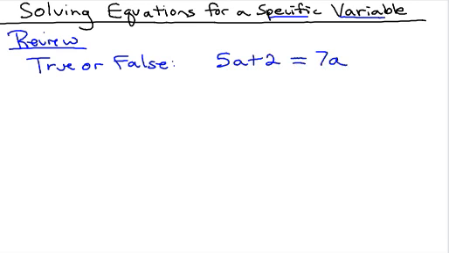Those two are not equal. 5a plus 2 is just 5a plus 2. They're not like terms. So if you see 5a plus 2, you can't make it 7a.